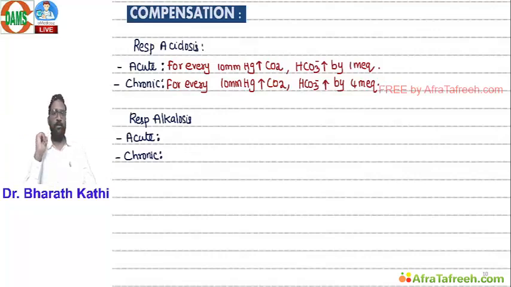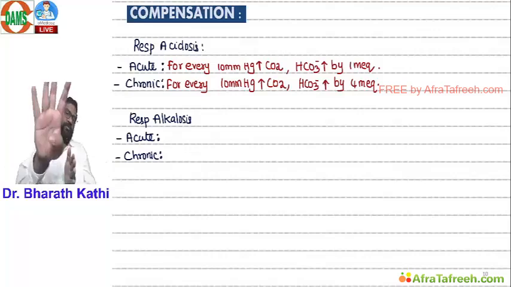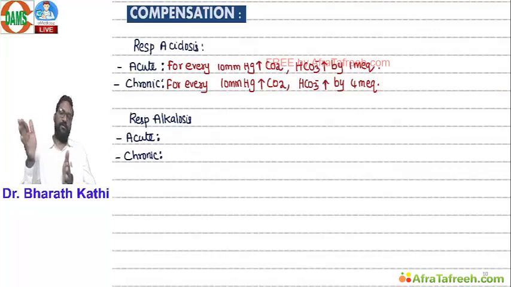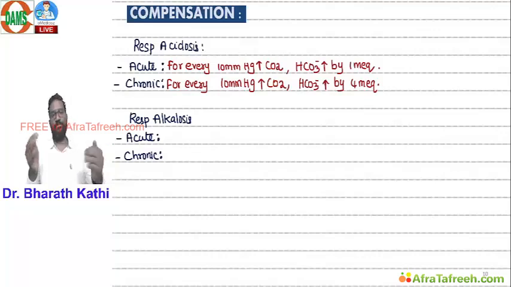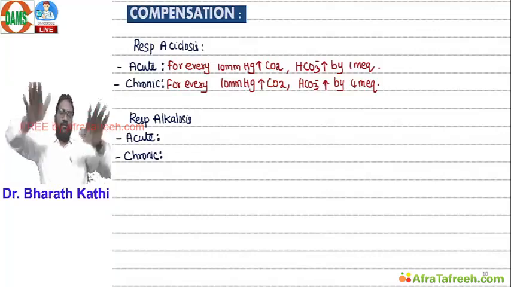How to calculate compensation? Now, due to an acute disorder, if CO2 has increased from normal value of 40 to 60, to call it a compensatory phenomenon, bicarbonate should increase to how much? For 10 it is 1, for 20 it is 2, 26 plus 2, 28. Then chronic respiratory acidosis.